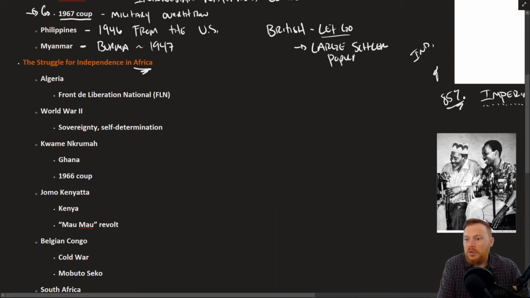So anywhere where a lot of British people did not live, the British were more or less willing to part with their colonies. The French, on the other hand, wanted to, in some sense, hold on a little bit longer. Not in all cases, but generally speaking, the French were less willing to give up their colonies.